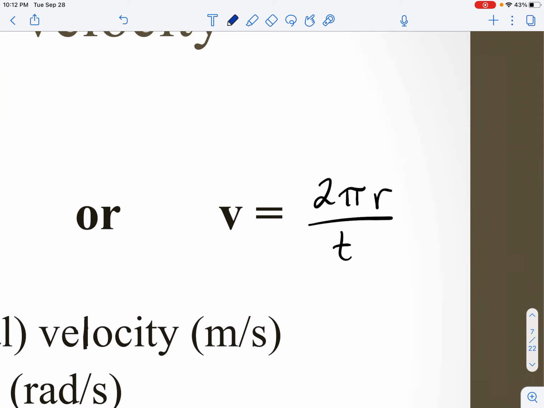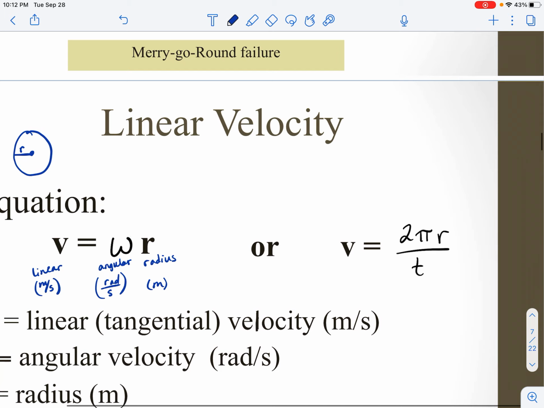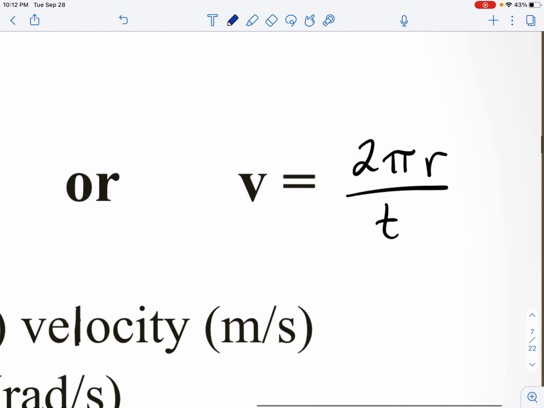Our second equation here says V is equal to 2 pi r over t. Now again, these are both ways that we can calculate tangent velocity. So yes, we could say V equals d over t, but because my object is moving in a circle, we are most often going to get information around the curve of that circle to allow us to figure out how fast my object is moving on that straight line path.